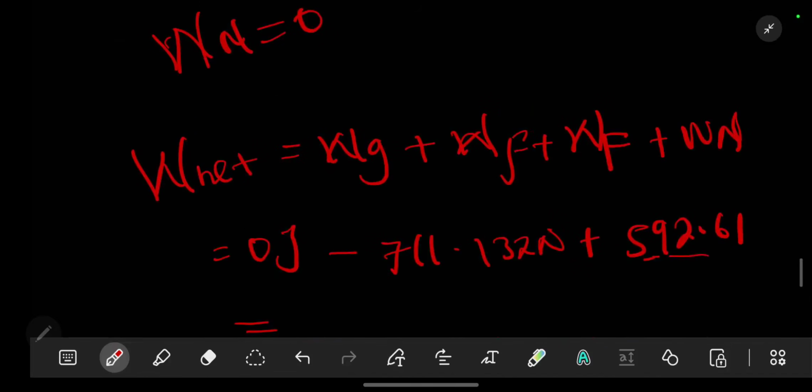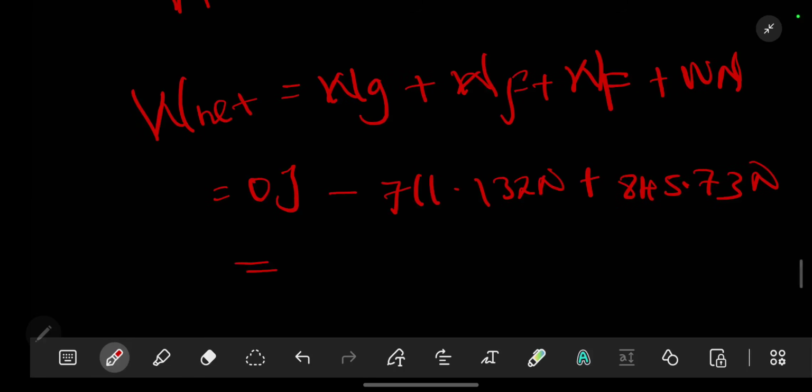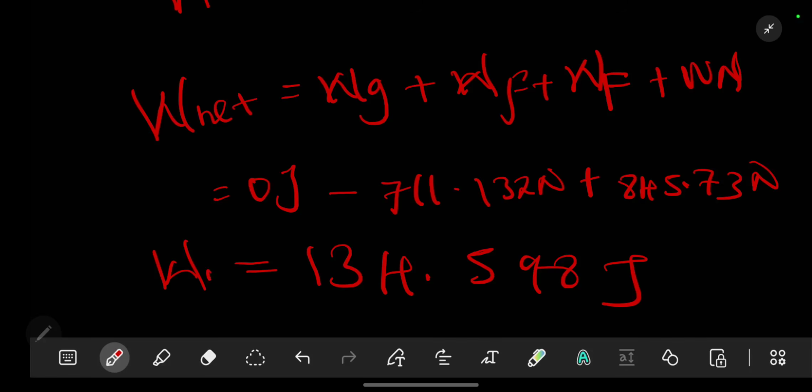So we have 845.73. This gives us our negative 711.132, then plus 845.73. This gives us a value that is equivalent to 134.598 joules. So this is the net work done.